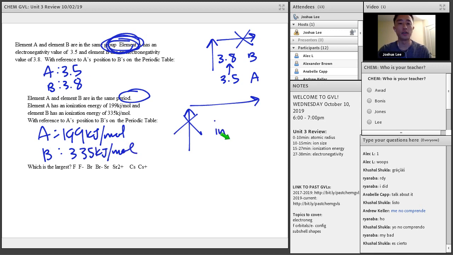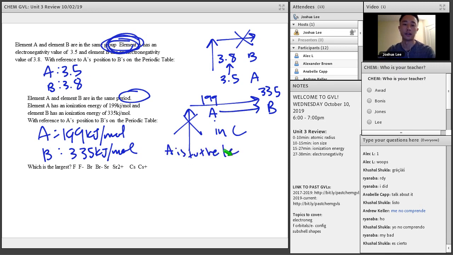So I'm increasing going to the right, so I'm going to put my 335 here, my 199 here, and that's going to be B to A. Yes, it's increasing this way, so I could say A is to the left of B, or B is to the right of A. Same, same.